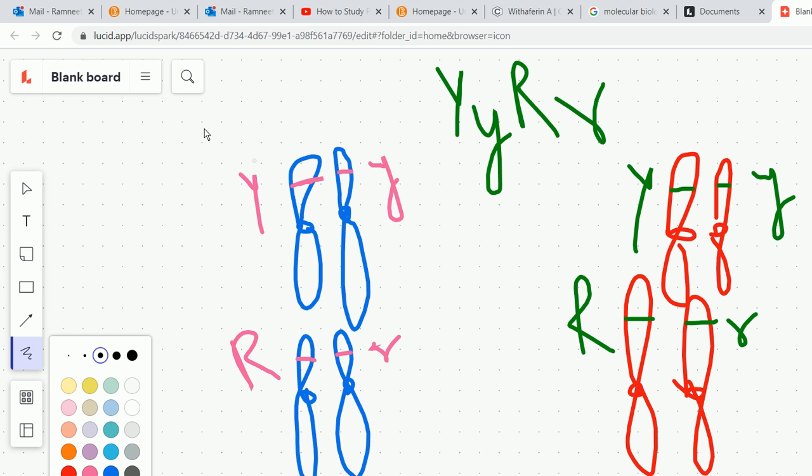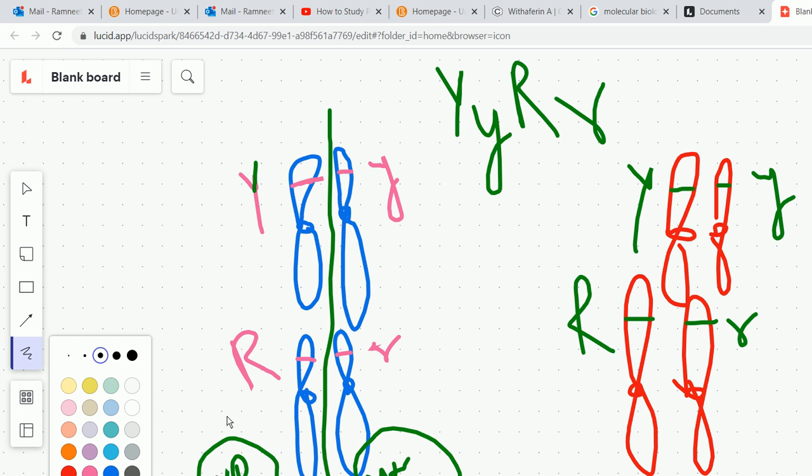How the chromosomes are aligned is independent of the other chromosome. So how this chromosome is aligned is independent of this chromosome. If capital Y is on this side, if the chromosomes are aligned like this, the way these are, when they separate, the gametes which will be formed will be capital Y, capital R, and on this side is small y and small r. This is the second gamete. First gamete.